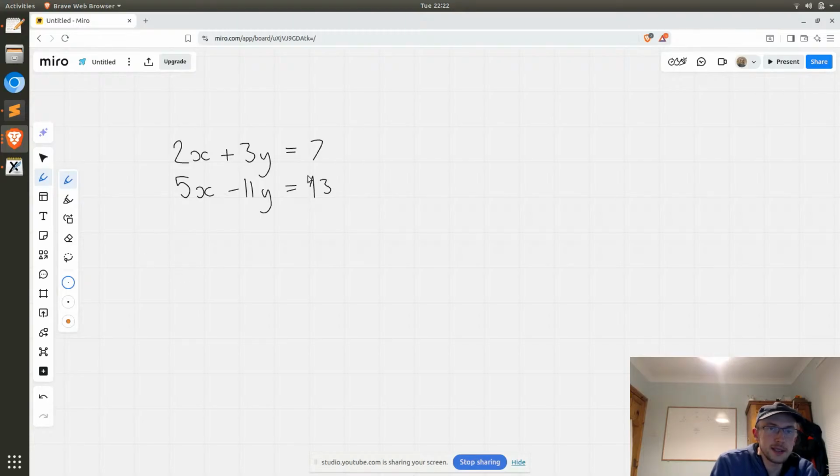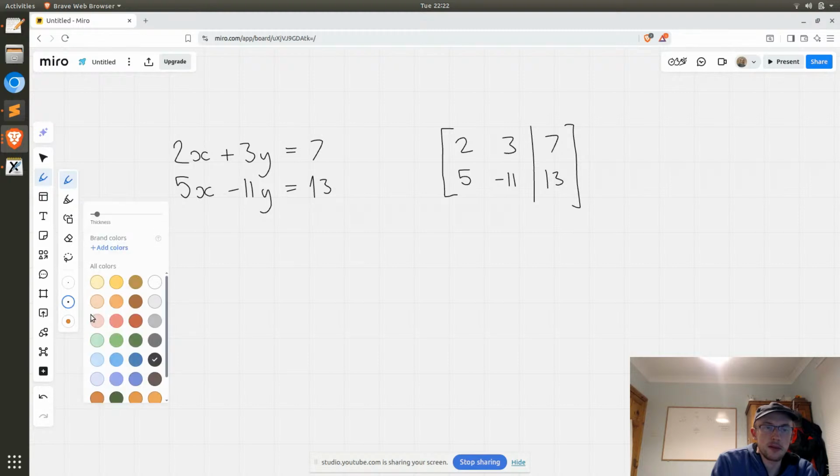We can turn this into an augmented matrix just by stripping off the coefficients. As long as the x's and y's are all lined up and the constant solutions are all lined up and just everything is all neat and tidy, we can do this. 2, 3, 5, -11, a bar, and then 7, and then 13.